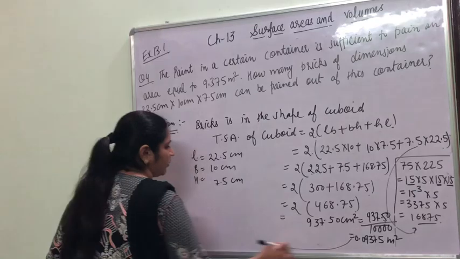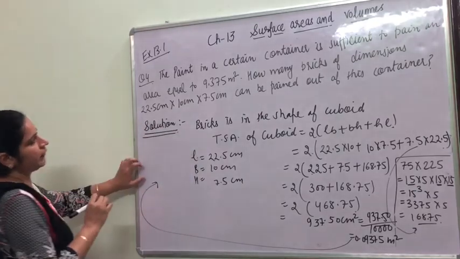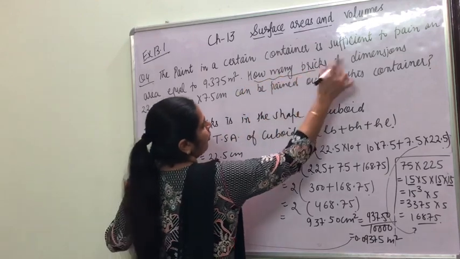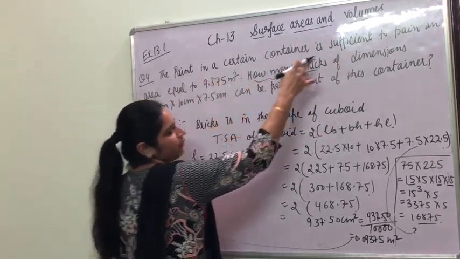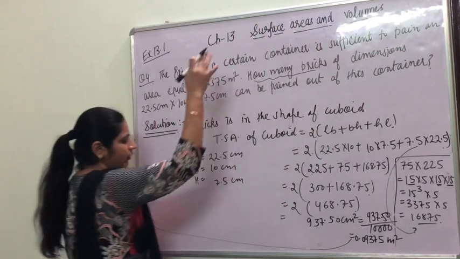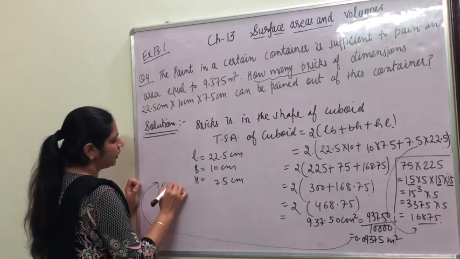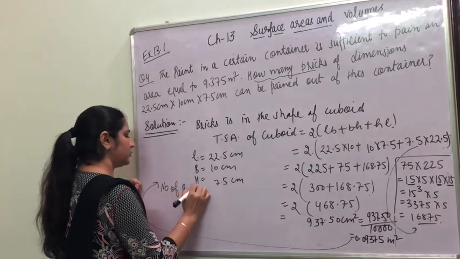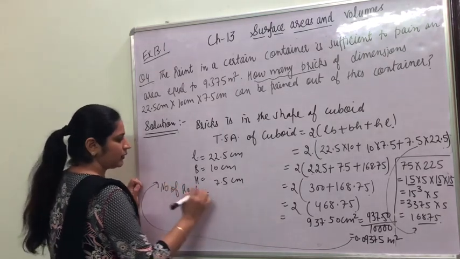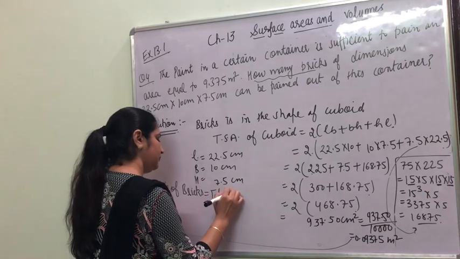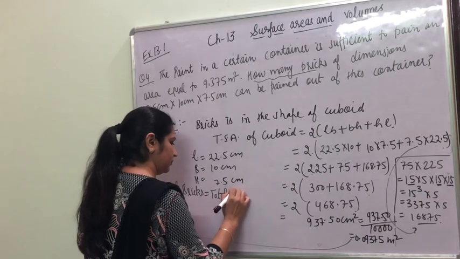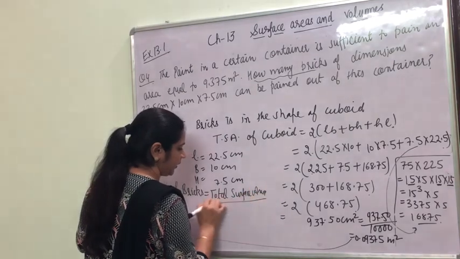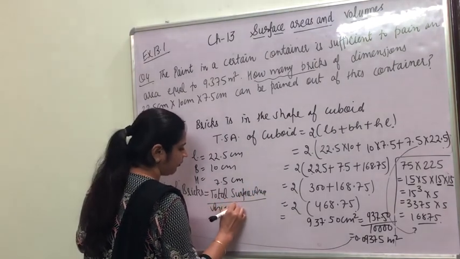Now we are finding the number of bricks. Actually the requirement is how many bricks of the given dimension can be painted with this given container. So the number of bricks required is the total surface area divided by the area of one brick.